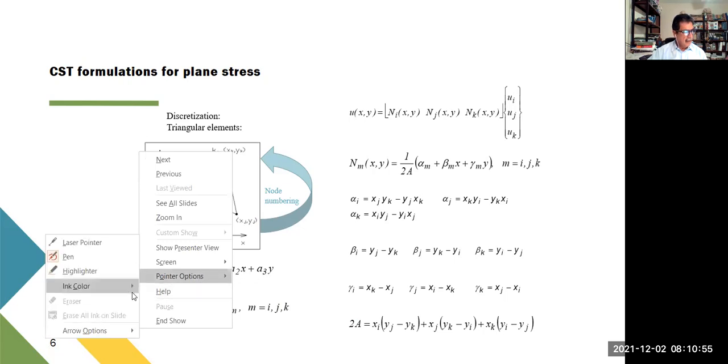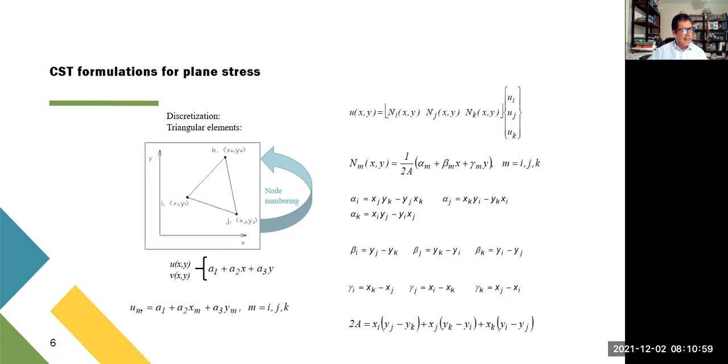Okay, you apply this equation in each one of these joints. So you say, I'm going to apply this equation at joint xi, yi.